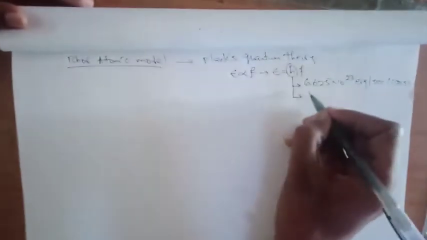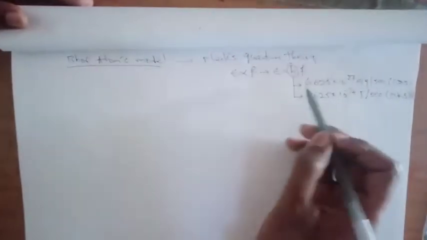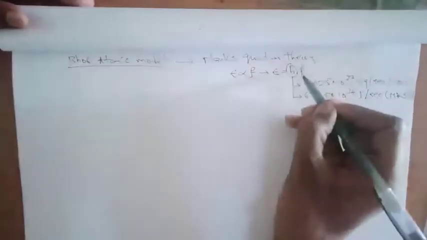In the MKS system, it will be 6.625 into 10 power minus 34 joule second. This indicates that the energy and frequency of the atom are interrelated. Here f is the frequency and E is the energy of that particular atom.